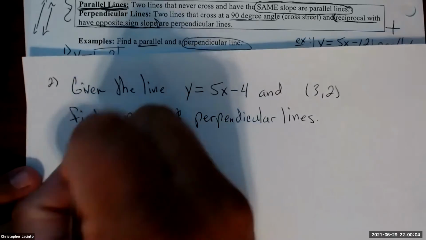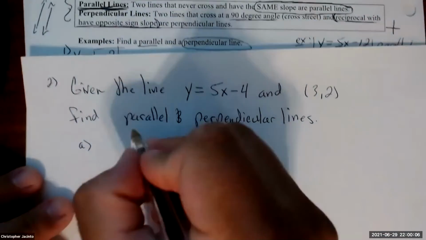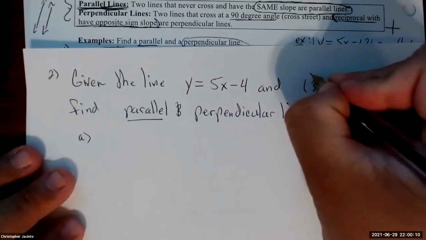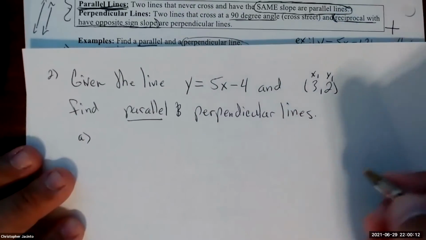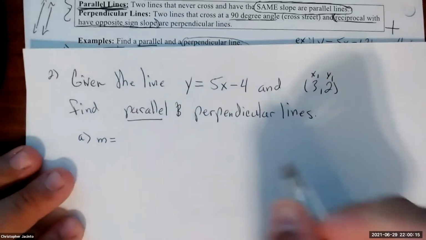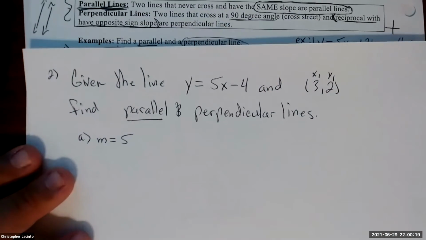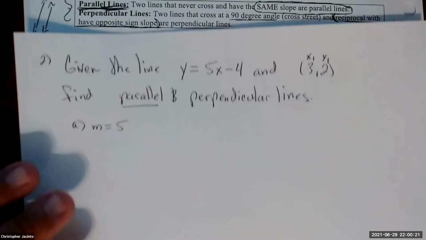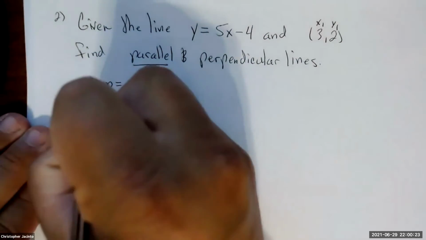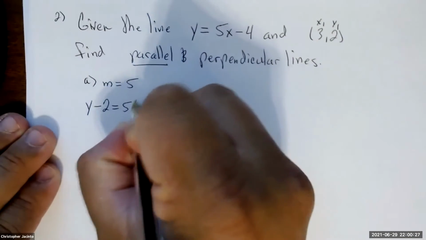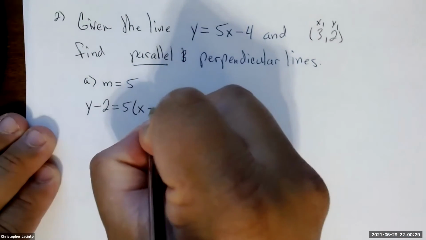So let's do the easiest of the two, parallel. That's the easier one of the two. We're given a point, so this is our x1, y1. And our slope, in this case, if we look at it, is 5. Beautiful, right? And now we're just going to plug it into our equation. So y minus 2 is equal to 5 times x minus 3.